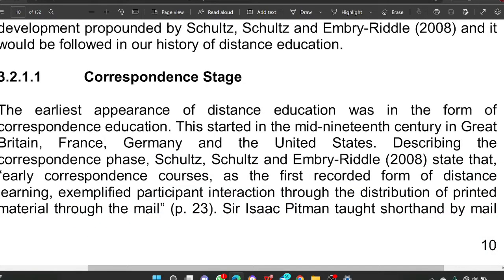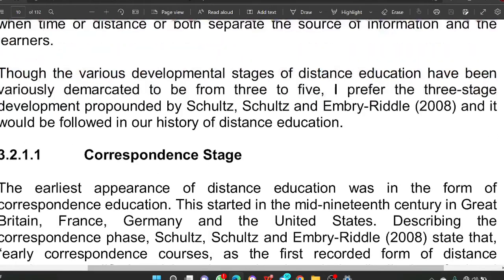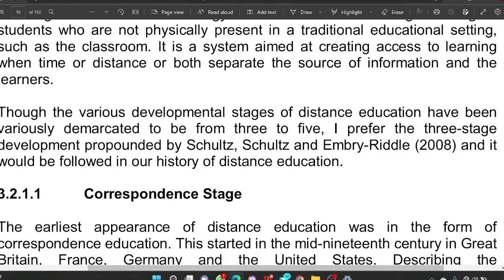Correspondence stage. Now we're talking about the developmental stages. As I said earlier, it was said that there are about 3 to 5, but we will be using the three-stage development propounded by Schultz and Embry-Riddle.